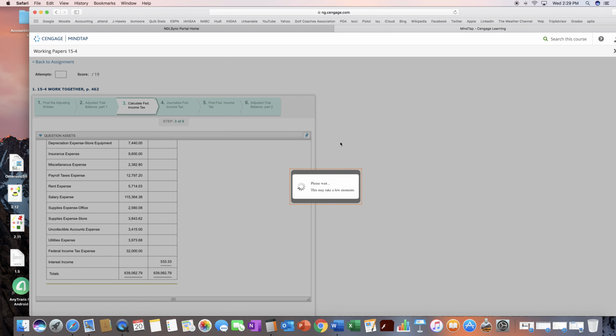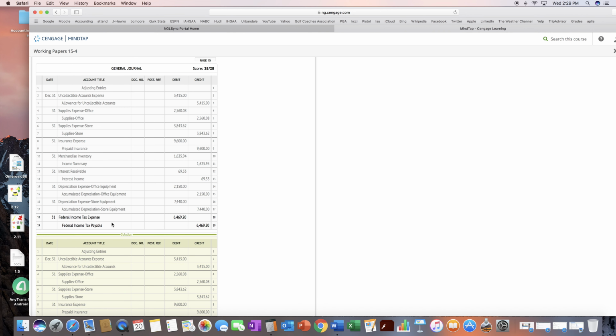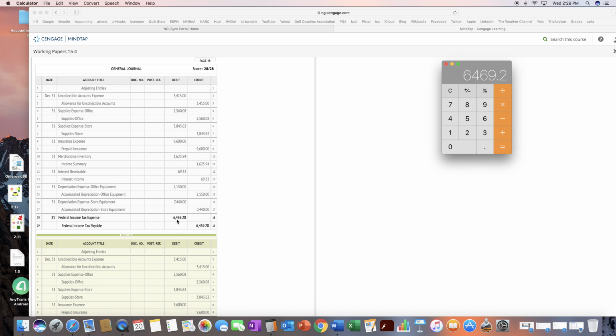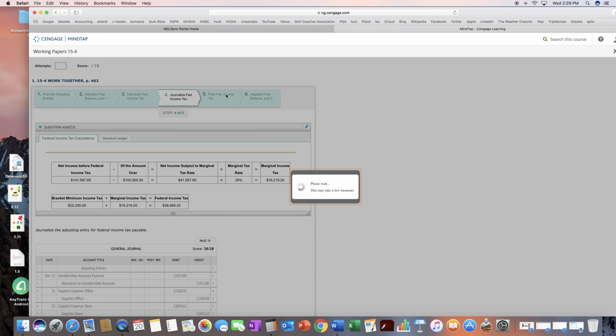So when we go to journalize our federal income tax, we will do federal income tax expense for 6,469.20, and then we will credit the payable. Okay. Then you're going to have to post that to get the final up-to-date number.